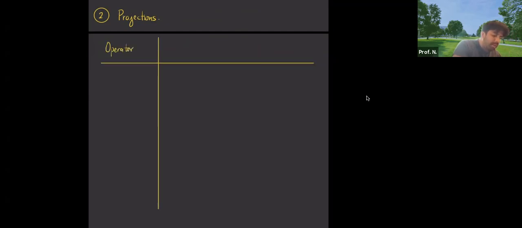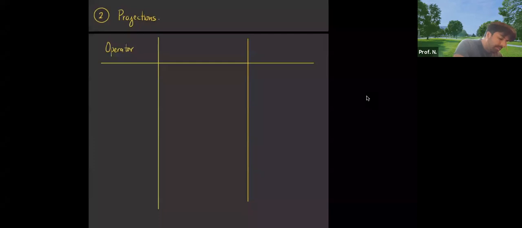So a projection, right? Sorry, so this is an operator. It's another table. We're going to have the illustration, and then we're going to have the geometric understanding of it.